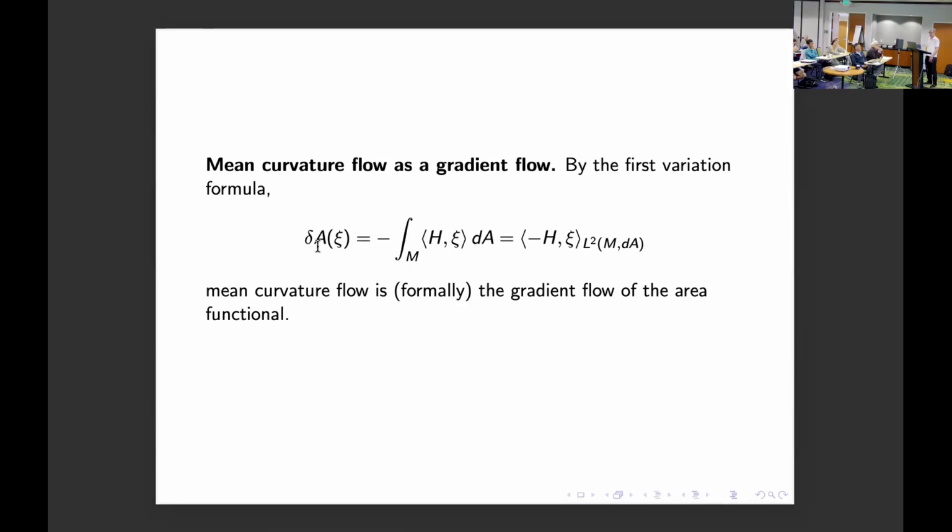If you look at the variation of area of the submanifold in the direction of a variation vector field X, that's equal to the integral, minus the inner product of the variation vector field with the mean curvature, integrated with respect to area, and this formula just exhibits minus H as the formal gradient of area. So if you move in the direction of H, that's the steepest descent evolution.